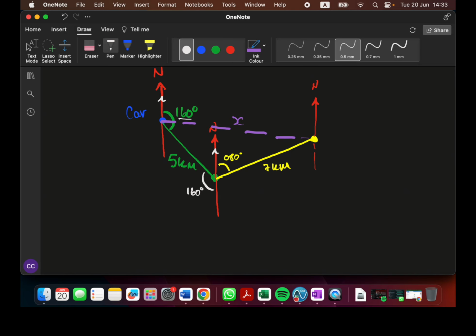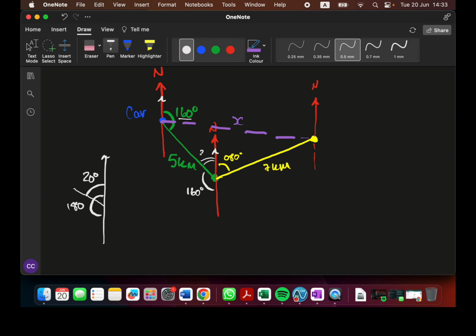Well, if that's 160 and this north line is a total of 180 degrees, if I cut out 160, this has to be 20 degrees right there.